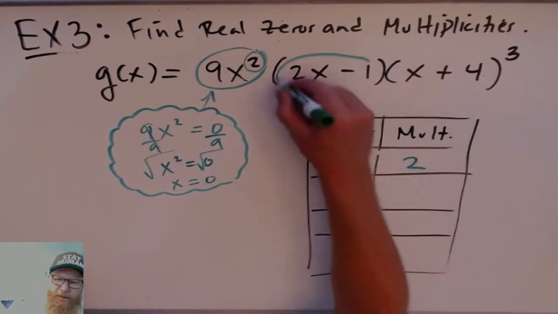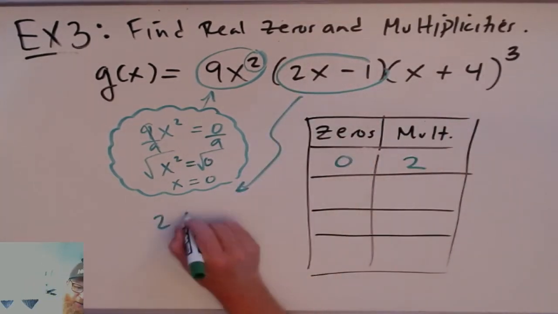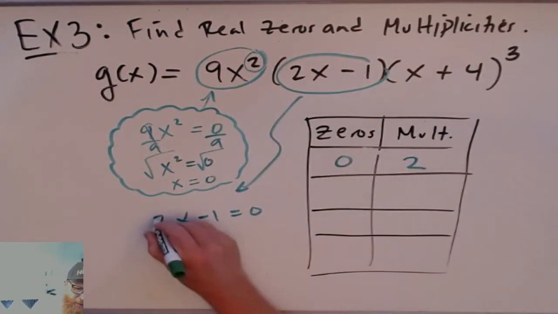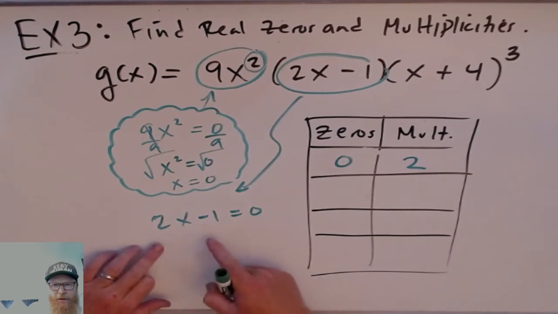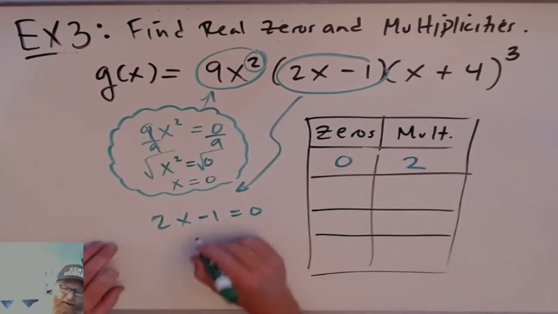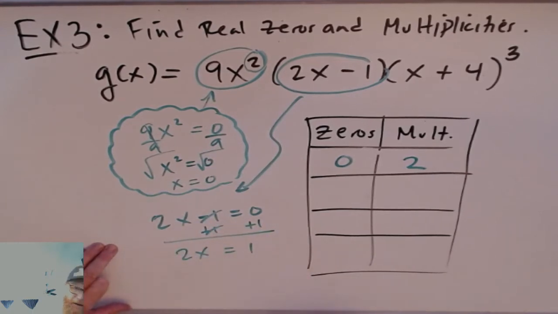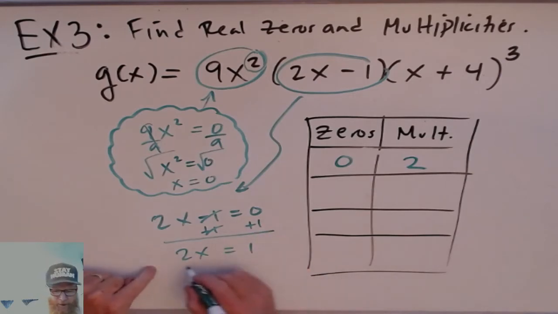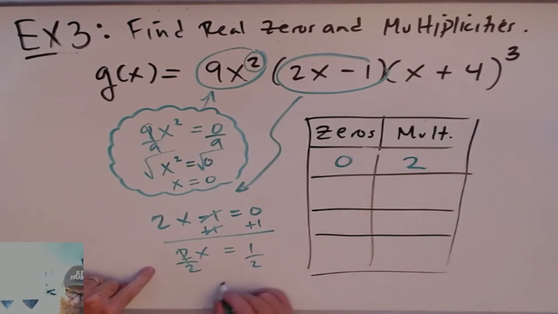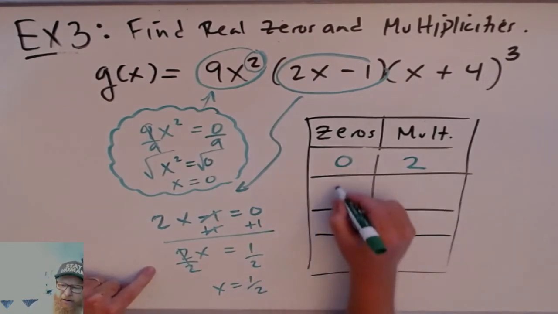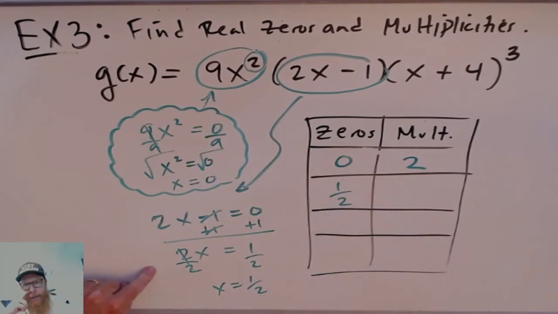The next one, 2x minus 1. Again, if you're good with mental math, you already know the answer. It's 1/2, right? But if not, that's okay. That's why you have a pen or pencil. So you add 1, divide by 2. And as soon as you get it, you go, oh yeah, I knew that. Yeah, it was 1/2.